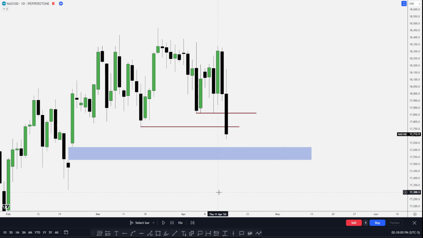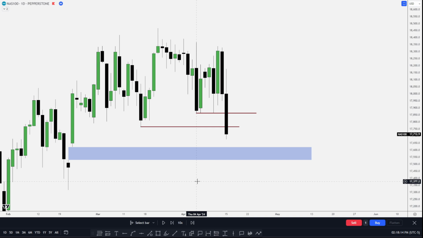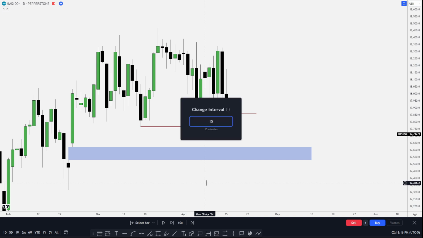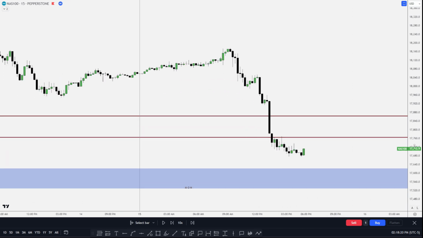Boom. So that means lower time frame, you would look for your 8:30 or 9:30 to go against the trend. And let's see if we can get down in the 15 and see that. Bet.